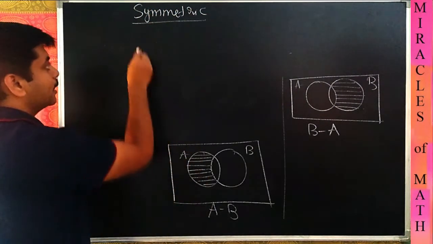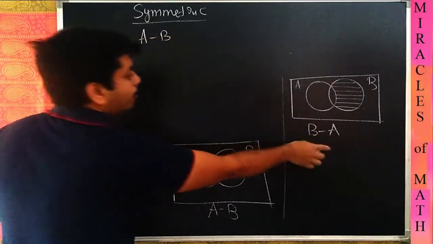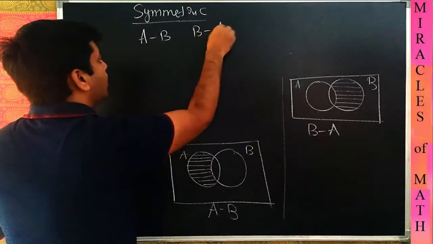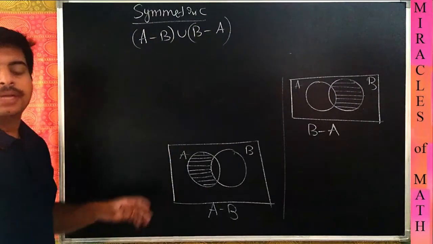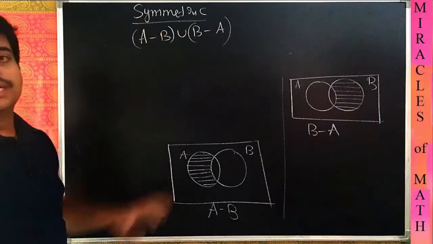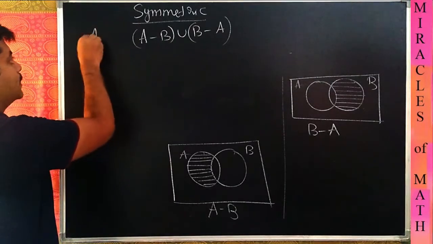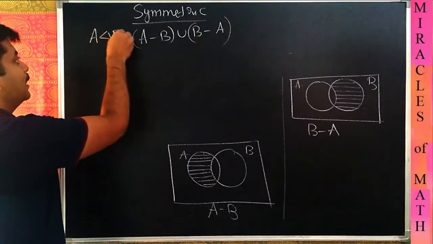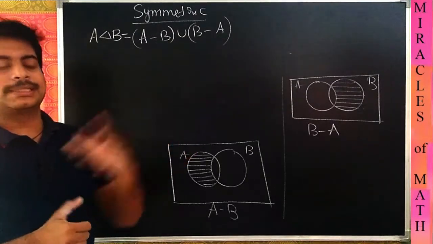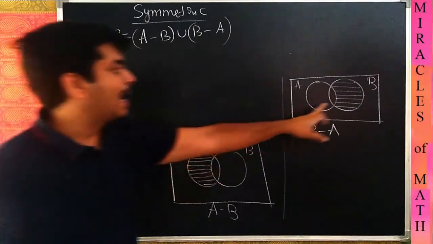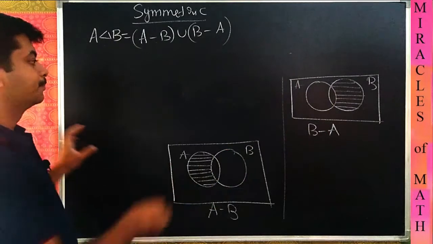You have A minus B and you have B minus A. Both of them joined together will give you symmetric difference, which sometimes may be represented as A delta B. A delta B means A minus B union B minus A. So this part and this part should be included.